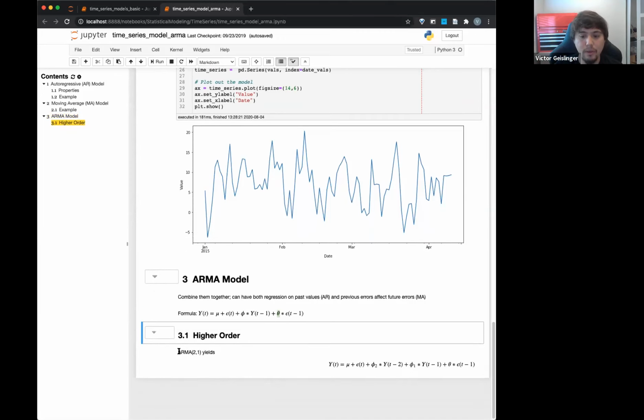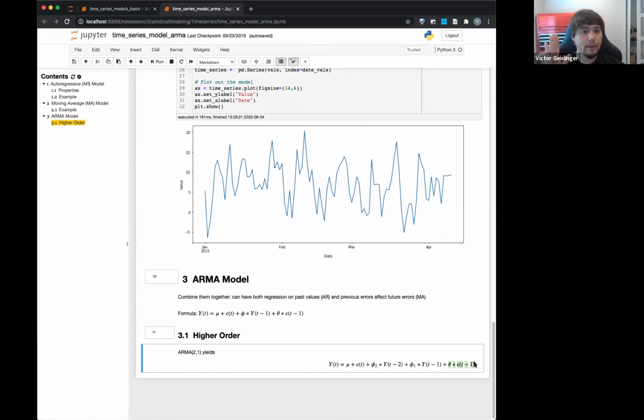So you can have, for example, ARMA 2-1. Here we're including all the parts. This one right here is the AR part, autoregressive. So we have phi 2, phi 1, and we're putting a weight on t minus 2 and t minus 1, and then the 1 is the moving average part. We could have 2 comma 2, or 5 comma 4, which would be the 5 previous points of the autoregressive part and 4 points of the moving average.